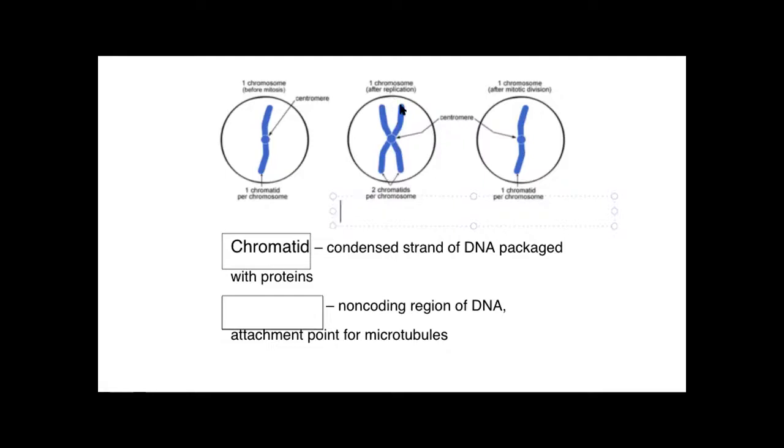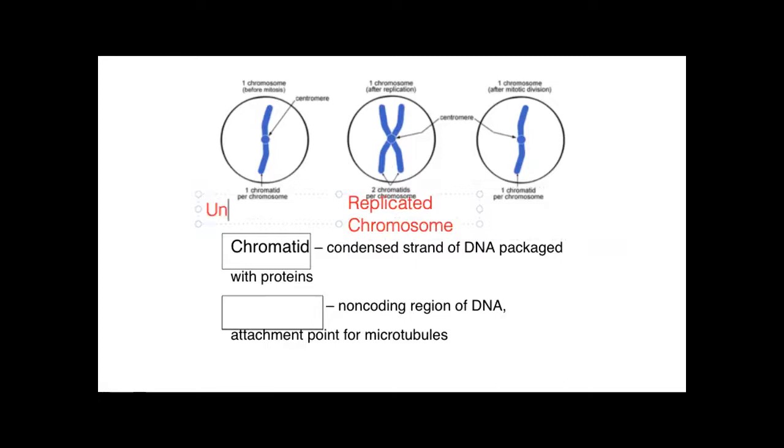If you see it in an X, that is a chromosome, but it is a replicated chromosome. Okay. It is comprised of 2 chromatids. When it is single by itself, that is also a chromosome. So it's a 1 chromatid chromosome versus a 2 chromatid chromosome.